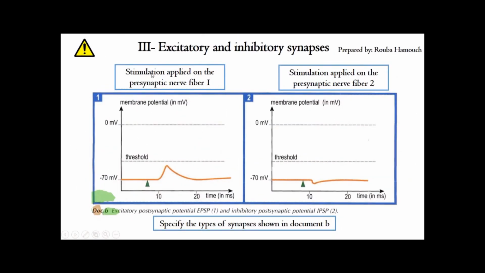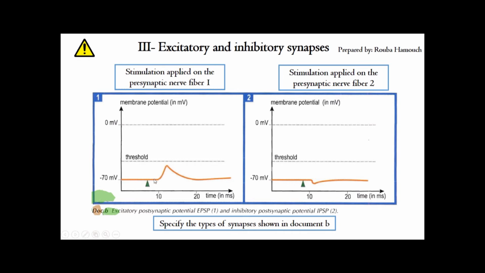So upon the stimulation applied on the presynaptic nerve fiber, the response of the cell body of the motor neuron shows a depolarization from negative 70 millivolt to a certain value that approaches the threshold.